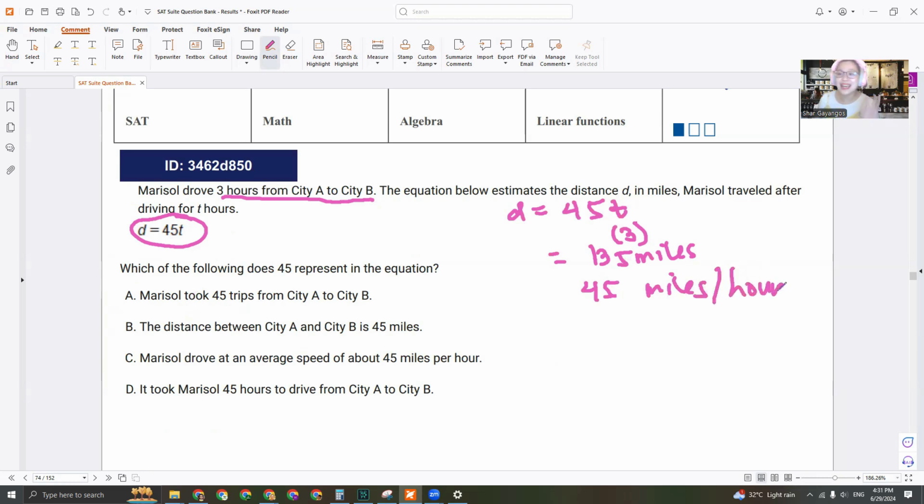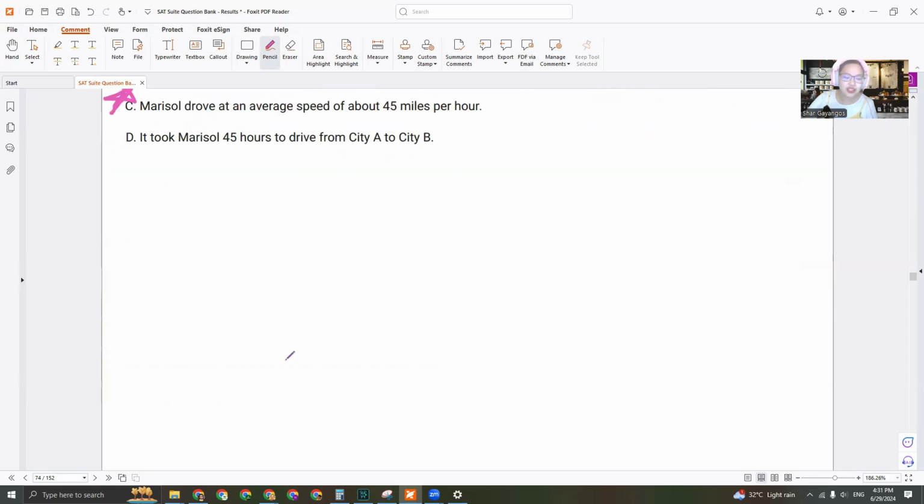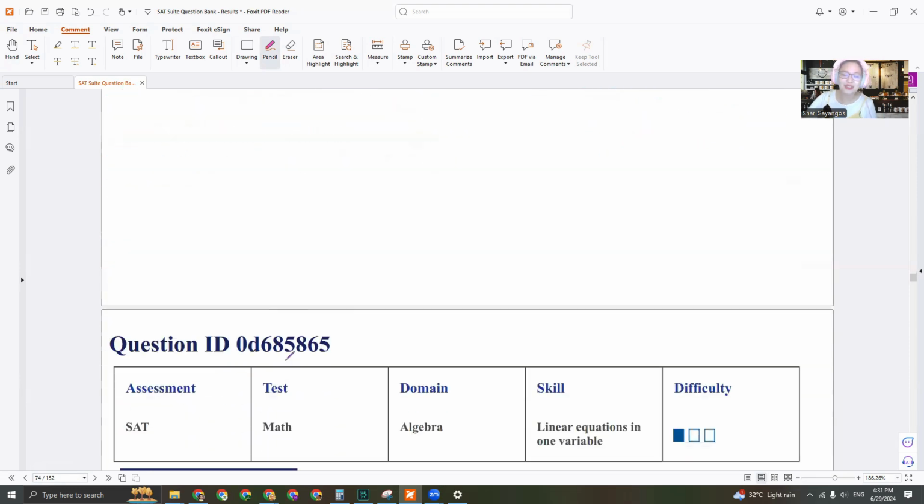So it's the deciding factor of how far she can travel given a value for t. So that's the speed. So that makes C the correct answer. So the past two questions, it doesn't really require you to solve anything, but it actually wants you to understand what each equation represents. Okay, let's answer the last problem for this video.